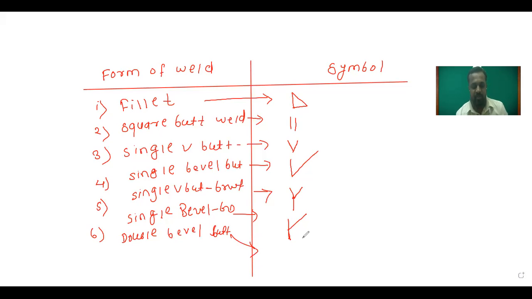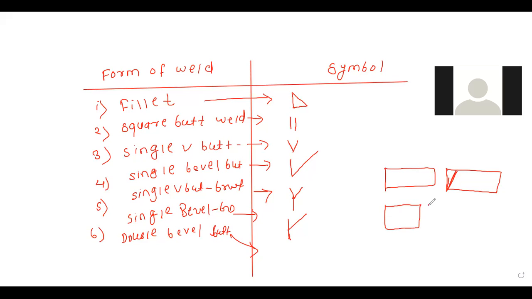Suppose we know that this is the plate, and this is another plate. Then we can call it a bevel if one edge of the plate we cut at a particular angle. This is the single bevel. Then how do we carry out the double bevel?